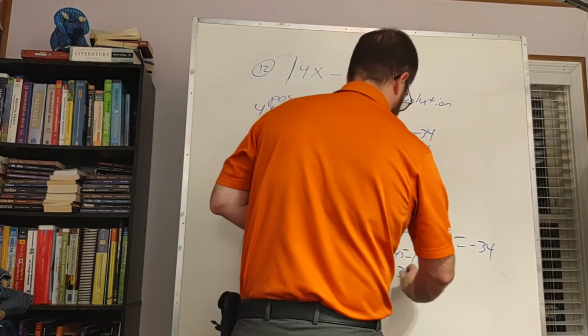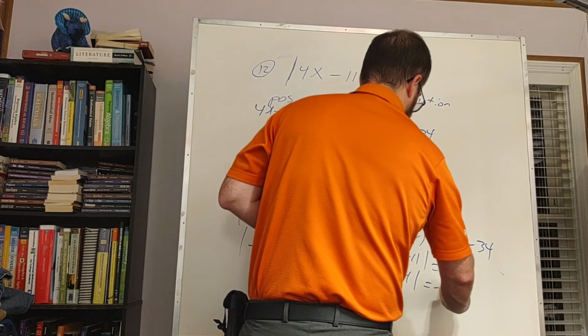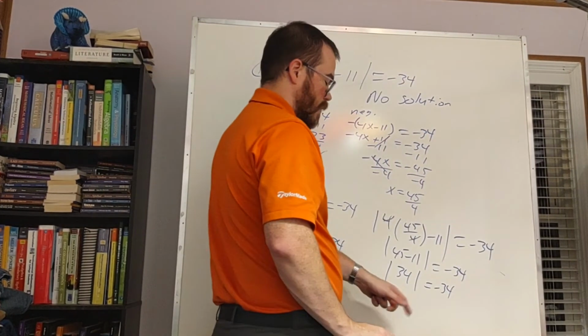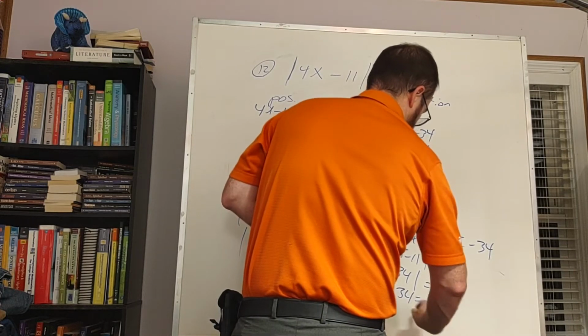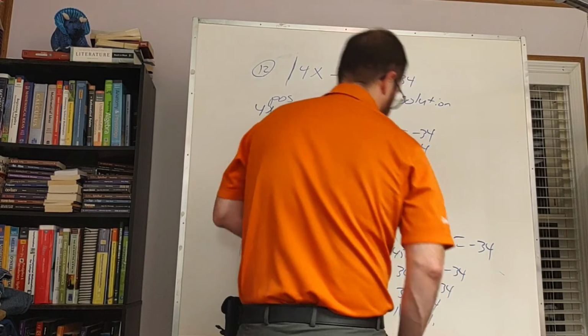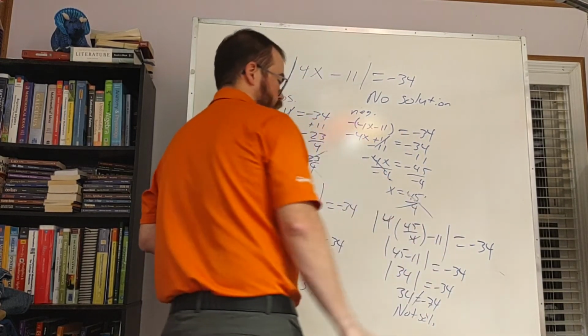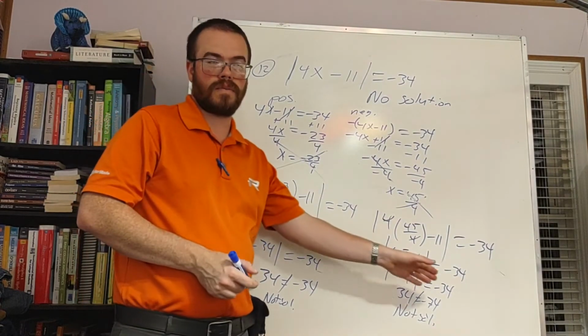So absolute value of 34. We're saying it should be negative 34, but absolute value of 34 should be 34. It's positive. So we're like, that one's not going to work either, so that one's not a solution. So that one's out too. It's not a solution. So neither one of these things worked when we tested them.